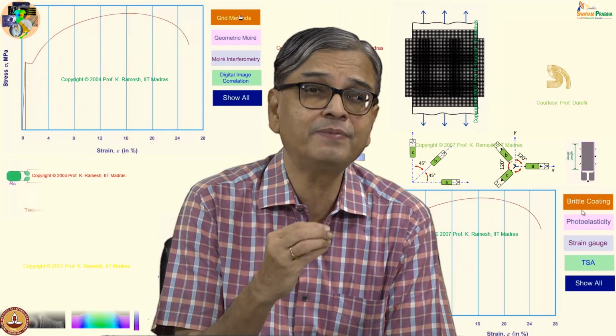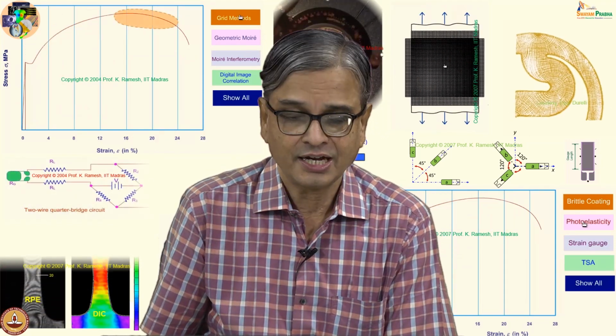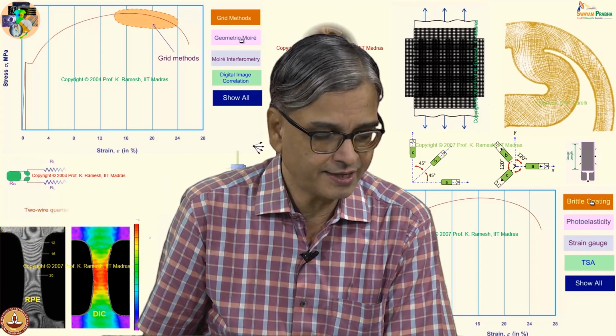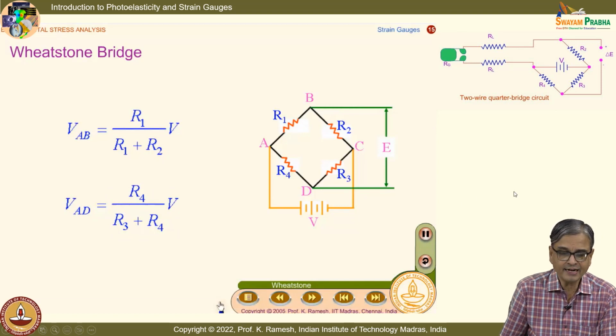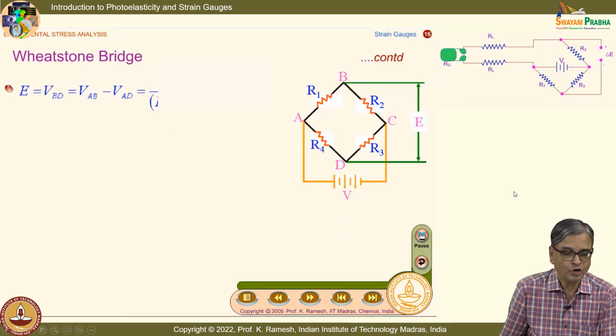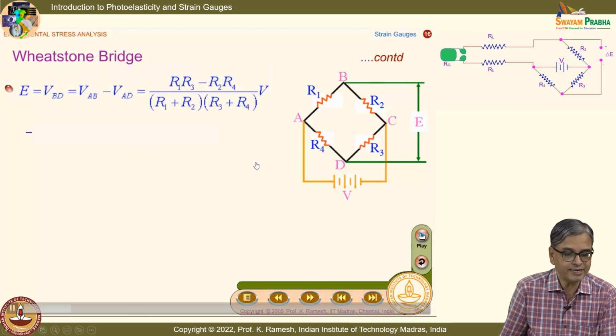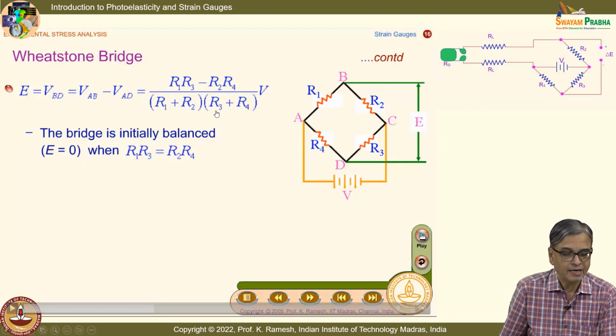You will learn from the construction of the Wheatstone bridge. Okay. So, I can write VAB equal to R1 by R1 plus R2 times V, and VAD as R4 by R3 plus R4 times V. And I get the voltage drop across the points D and B as R1 R3 minus R2 R4 divided by R1 plus R2, and you also have in the denominator R3 plus R4, and the bridge is initially balanced.